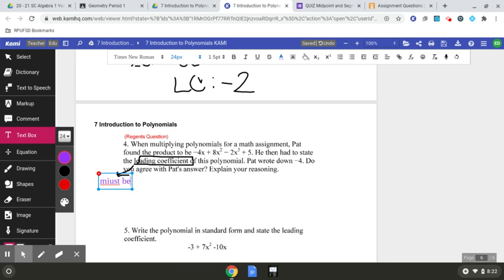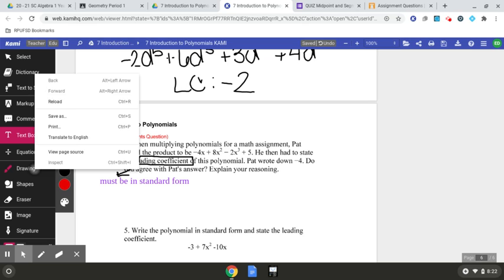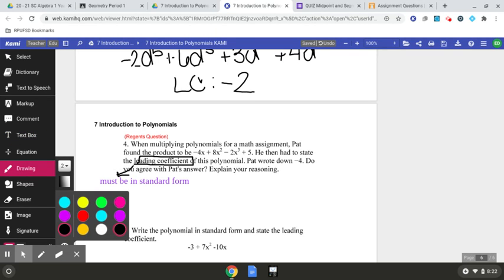We must be in standard form. So in order for me to determine what the leading coefficient is, I have to put this in standard form first. So if I do that first, the first term would be negative 2x cubed. Then it would be positive 8x squared. Then negative 4x, and then the plus 5.